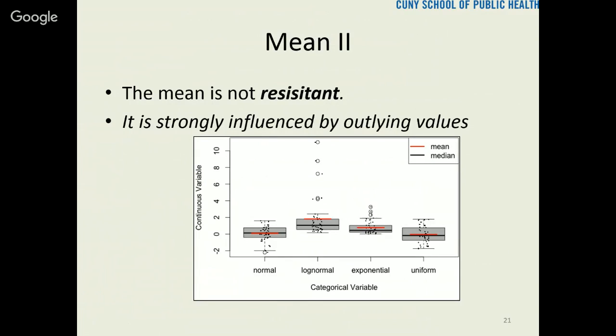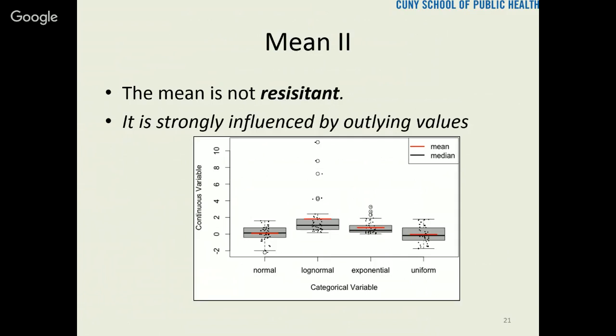Mean is a very convenient measure to use, and we use it all the time. But it is best in distributions where you don't have outliers and don't have strong skew, because it is not resistant. It's affected a lot by outlying values. And I'm plotting here four different distributions.